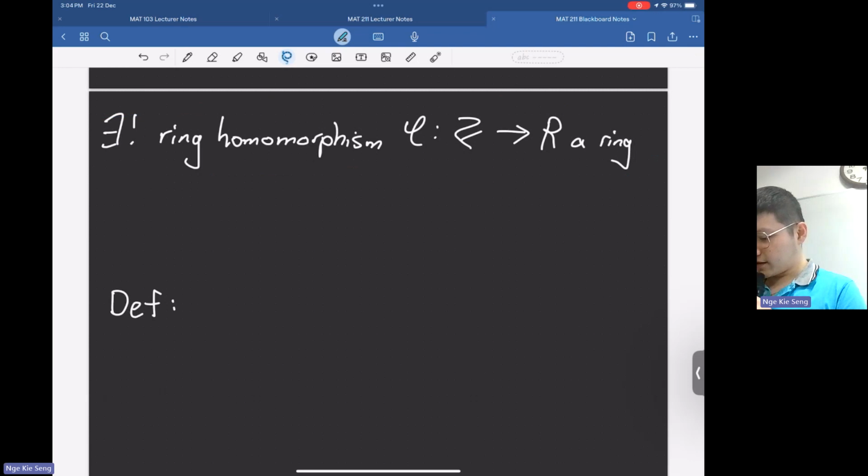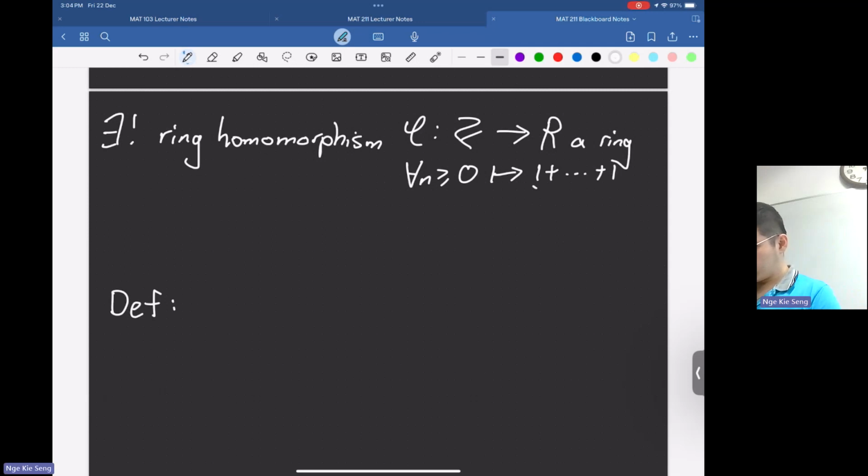So what's this unit map here? You send all the positive integers to the addition of the multiplicative identity n times. And then you send all the negative integers to where?